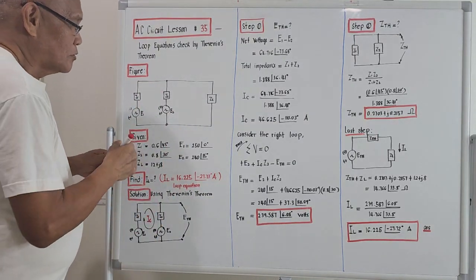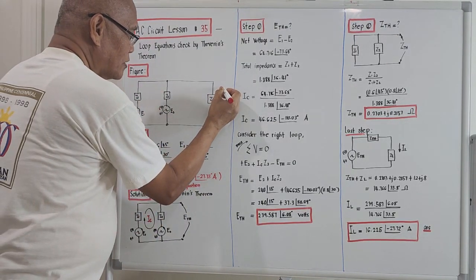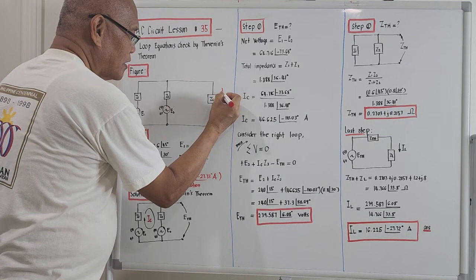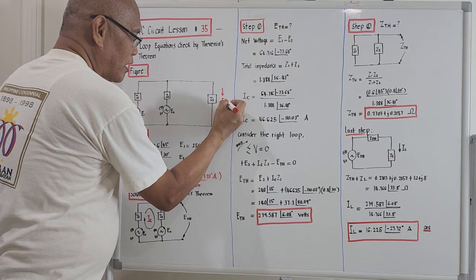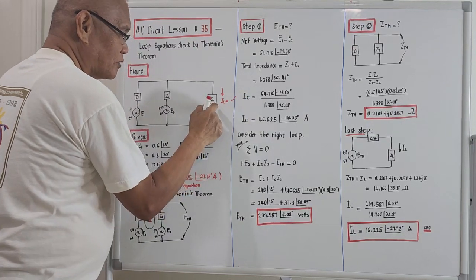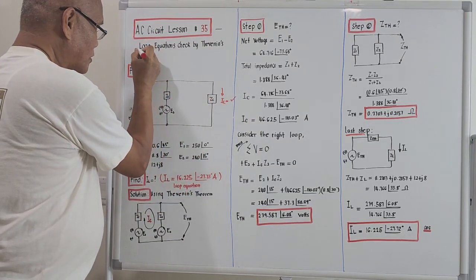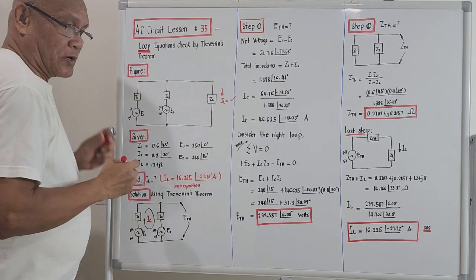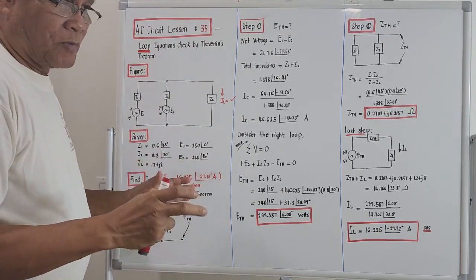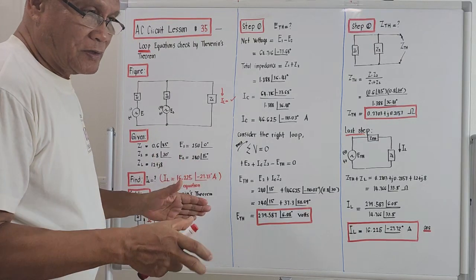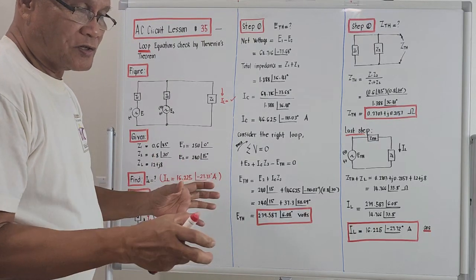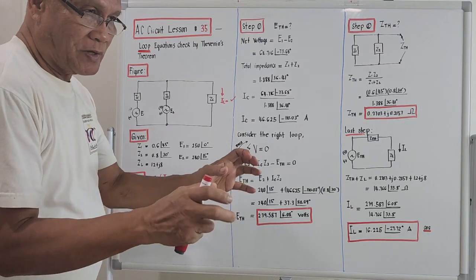By using the loop equations on lesson number 34, we were able to compute for the current passing through this. So to check the validity of the loop equation, I will present a Thevenin solution and let us see if the answers will be the same.